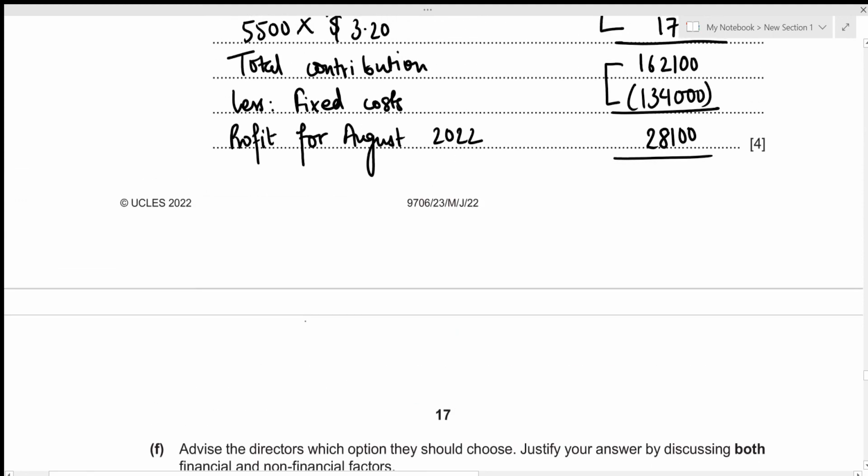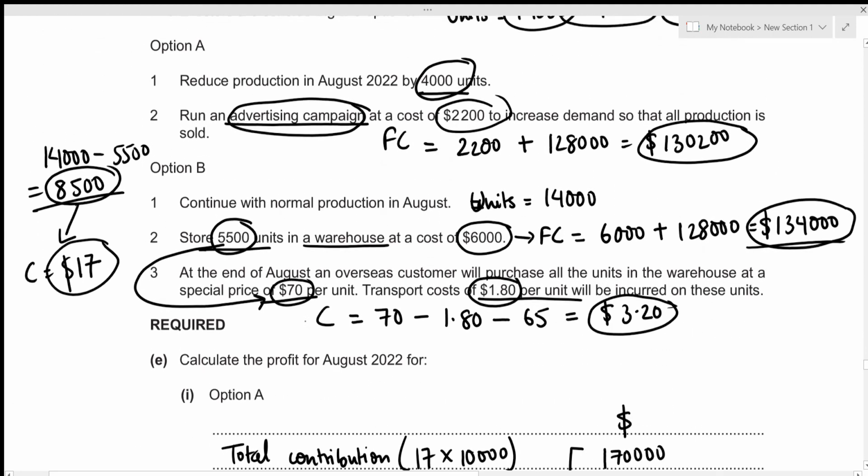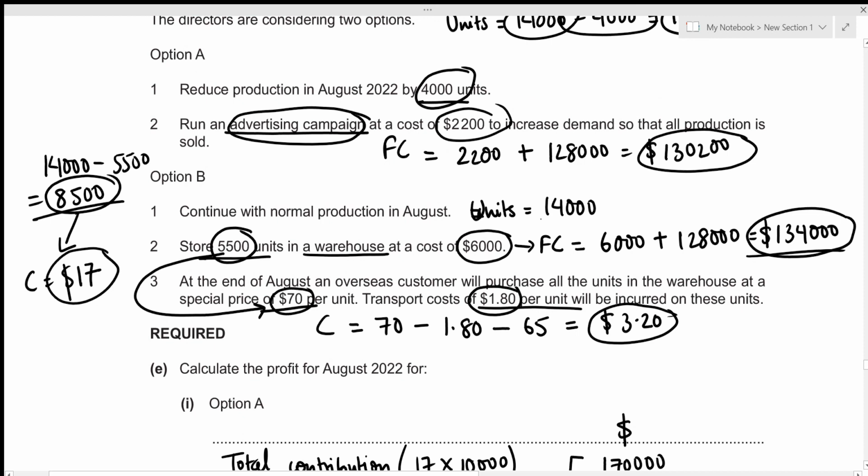Similarly, for option B, we are producing 14,000 units. But while selling them, for the 8,500 units we are selling at a contribution of 17, whereas for the 5,500 units we are selling only at a contribution of 3.20. This means the sales price for these 5,500 units is obviously way less than that for the 8,500 units. So there is a reduction in selling price. This reduction might infuriate some of our existing customers because we are charging them a higher sales price than this sales price of 70.